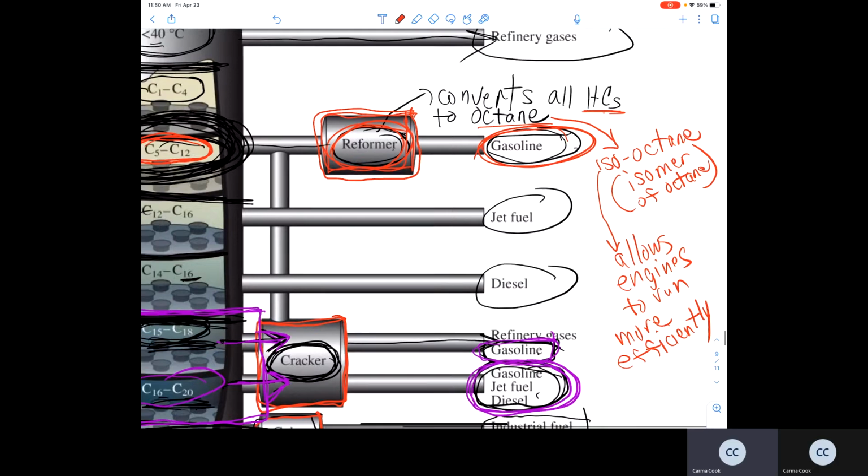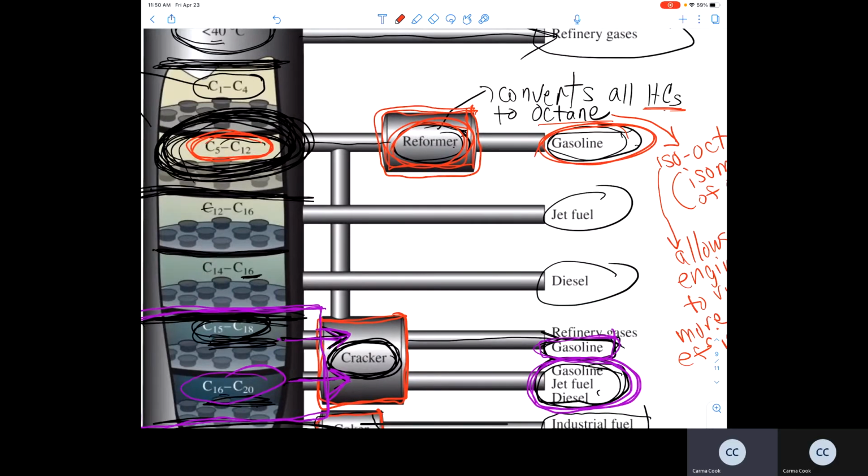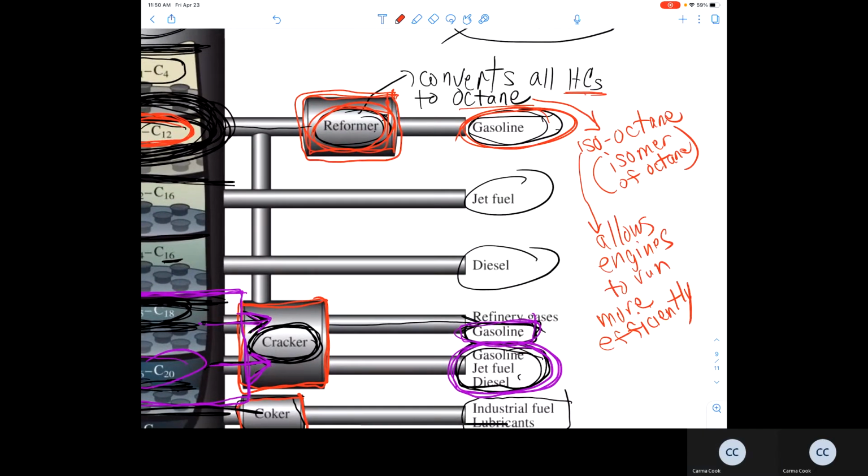For example, octane has 8 carbons, so it falls within this 5 to 12 carbon fraction of hydrocarbons. And so linear octane is called n-octane. So that's the linear version of octane.